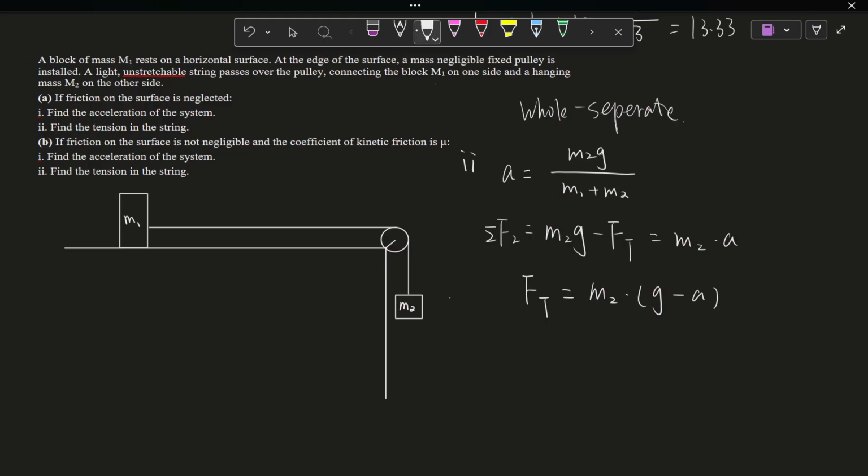And then you can plug the acceleration in here. You will get Ft equals m2g times 1 minus m2 over m1 plus m2. This is your answer.